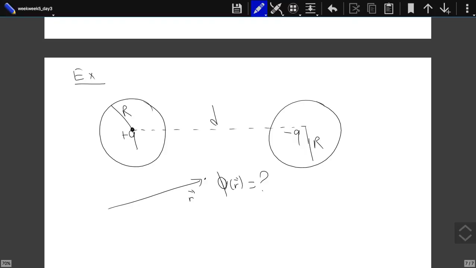Then we already know the method of images. We don't need to find all the surface charge. We know that if we have a conducting sphere and there is an external point charge, the surface charge of the conducting sphere acts like a point charge over here, and another charge at the center, so that the whole thing has the total charge minus q.